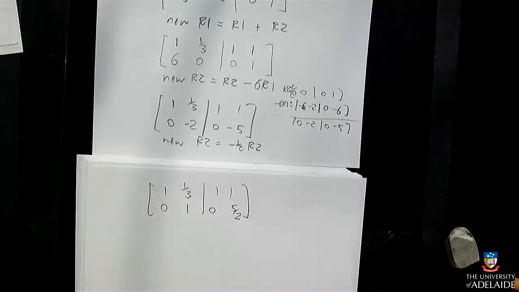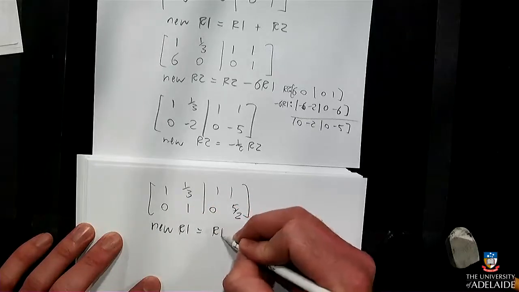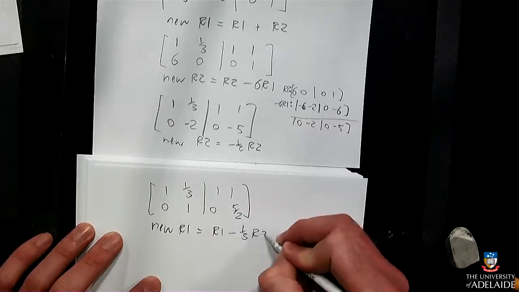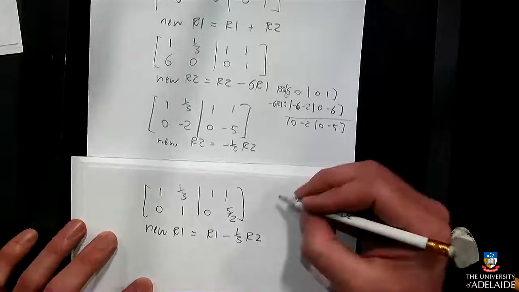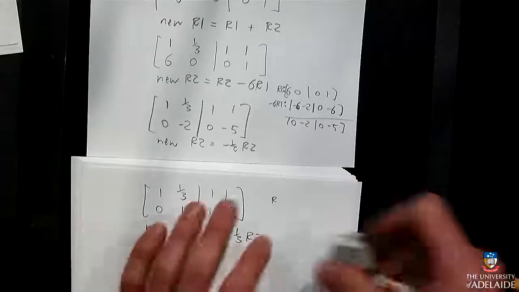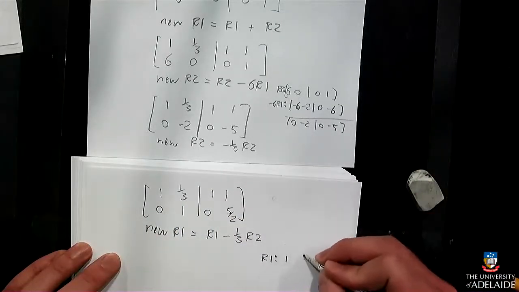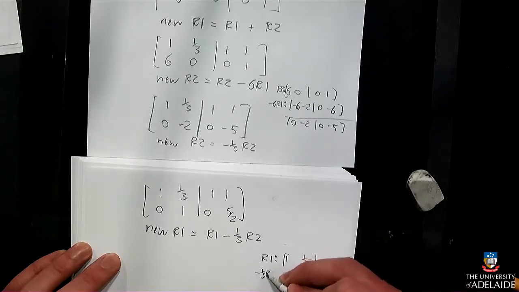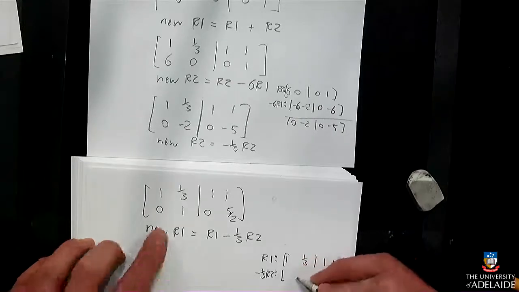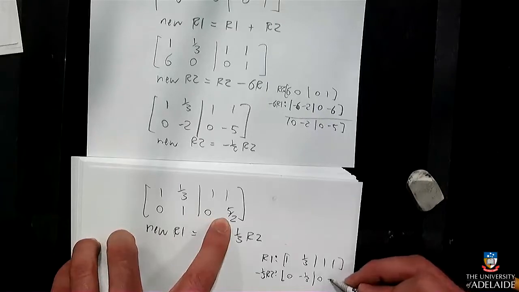And now I would like to have a 0 in this spot. And so I will go, my new row 1 is the old row 1 minus a third of row 2, because a third minus a third of 1 is 0. And so let me just think, row 1 is 1, a third, 1, 1. Minus a third of row 2 is 0, minus a third, 0, minus 5, 6.